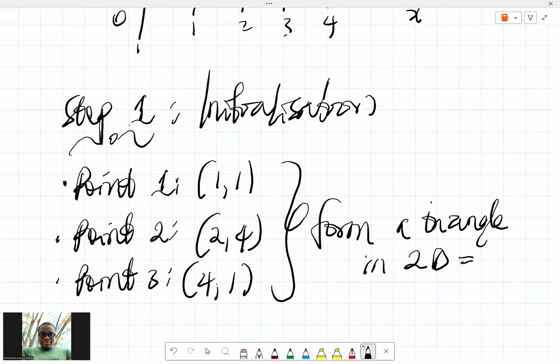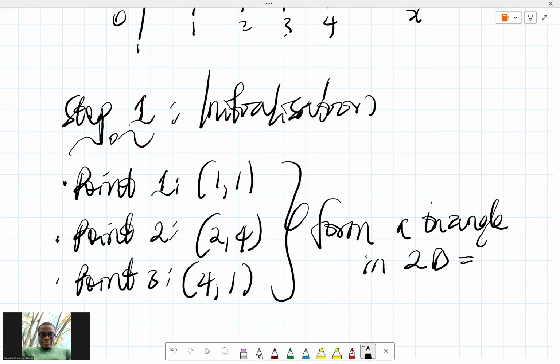So we now have to evaluate the objective function at these points.